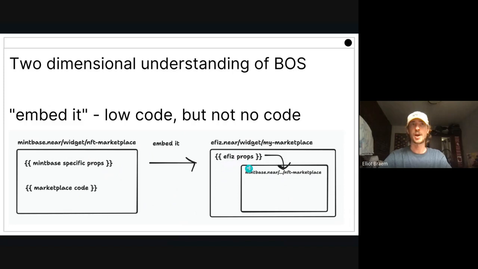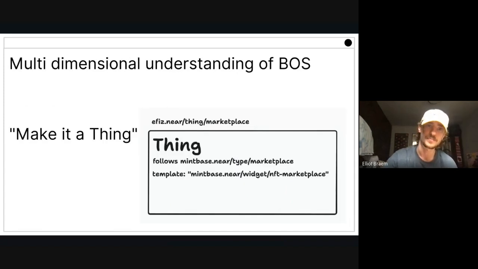Although if the NFT marketplace ever changes the way that the props are read and handled, we would have to update it here. And it's still a low code solution. You have to understand JavaScript in some way in order to edit the props and do your own wrapping around it.